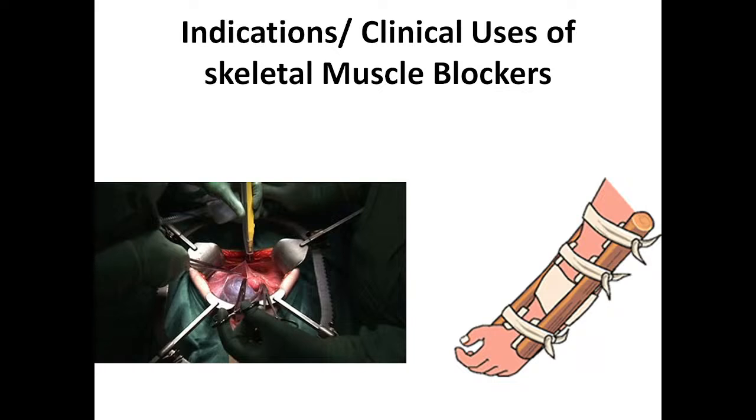And of course, if you're using a high dose of a general anesthetic, then there is more danger of adverse effects due to the general anesthetic. So now, because of neuromuscular blockers, we can use lower doses of the general anesthetic and get skeletal muscle relaxation with a neuromuscular blocker.